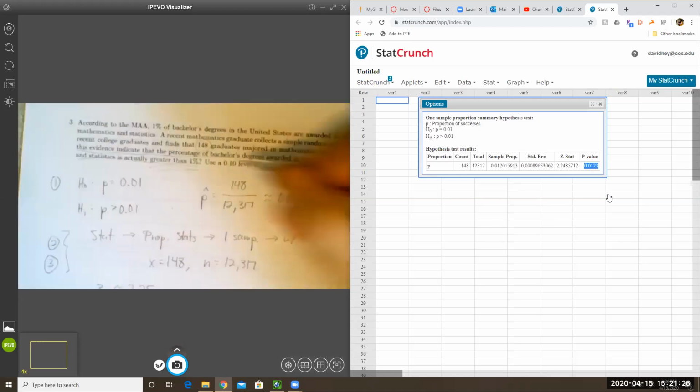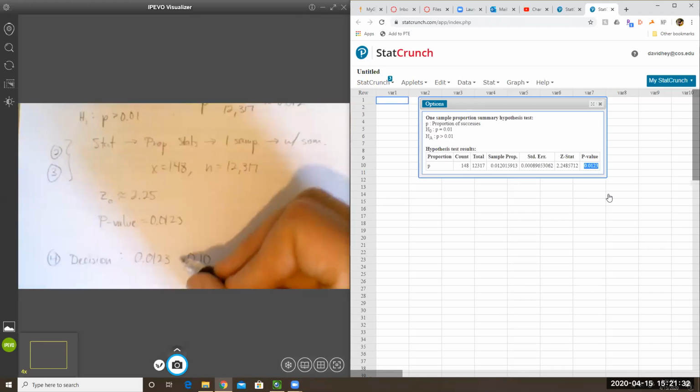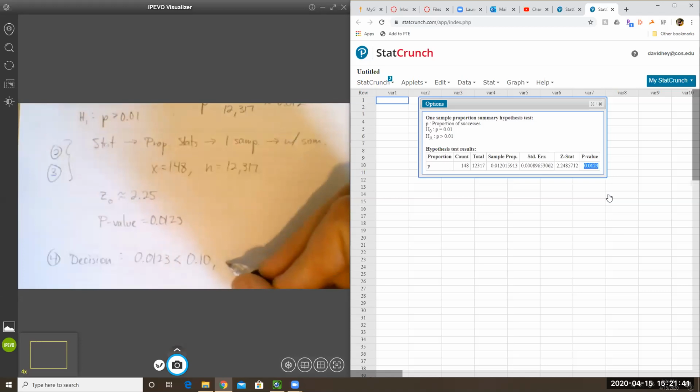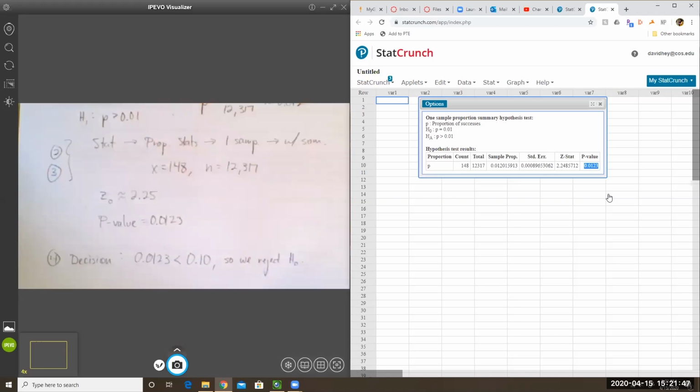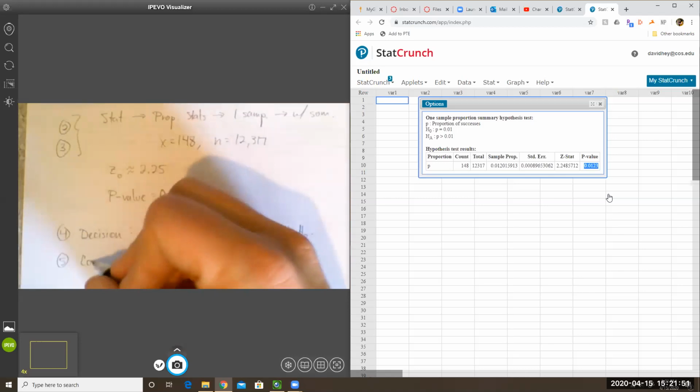In this case, we were told to use a 0.10 level of significance. So alpha is 0.10. In order to reject the null hypothesis, we need the p-value to be less than alpha. And in this case, it is, right? So we reject the null. That means there's evidence to support the alternative.